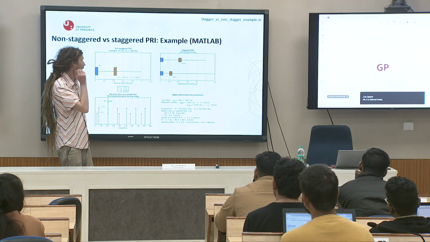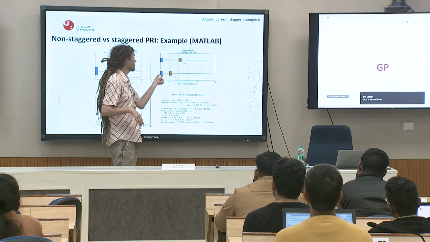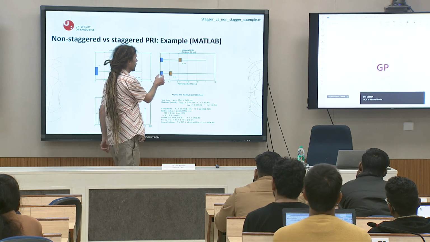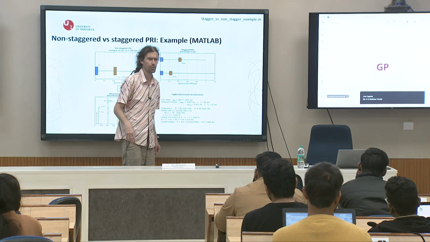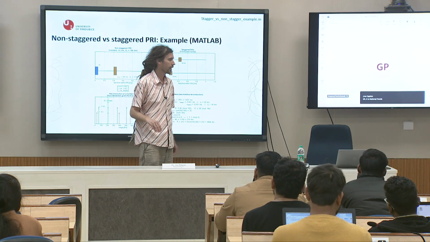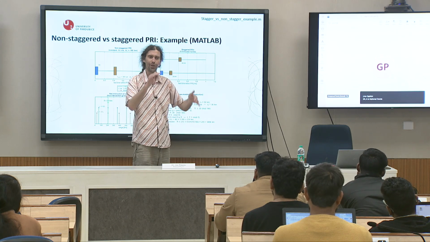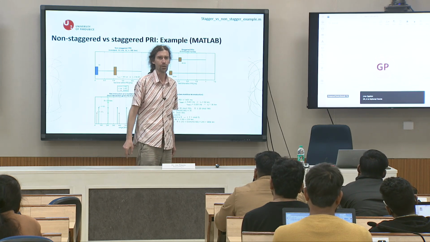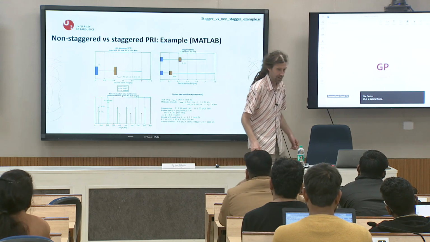Of course, you need to be careful: if this is 1 millisecond and this 1.1, you can't put that this will be 1 second or something like this. You need to put some reasonable values, because I don't put any boundary conditions in this script. So be careful, but for normal real values it works fine.